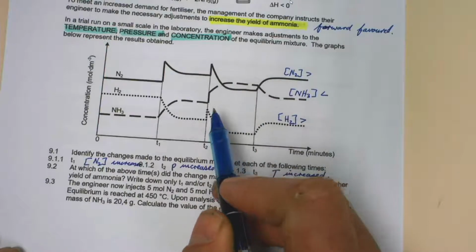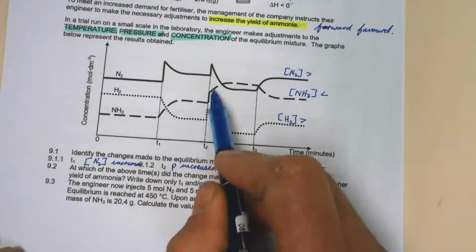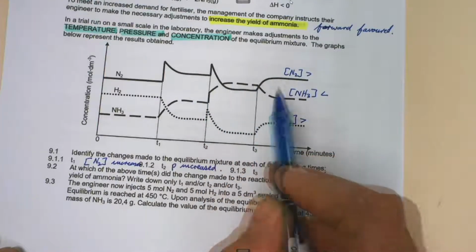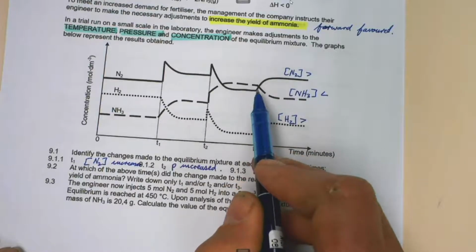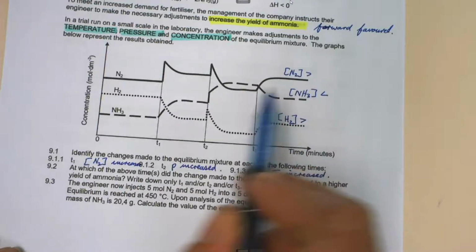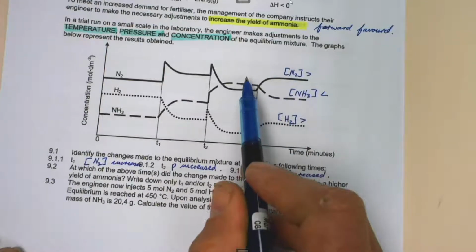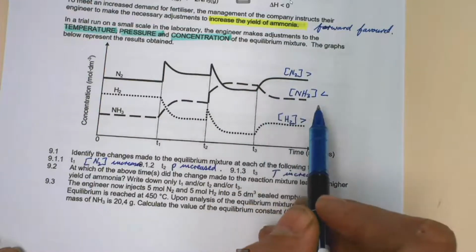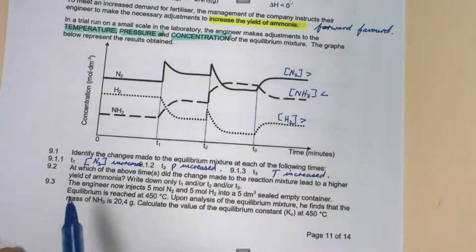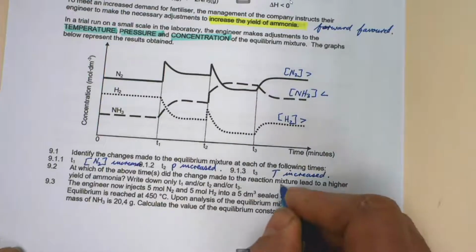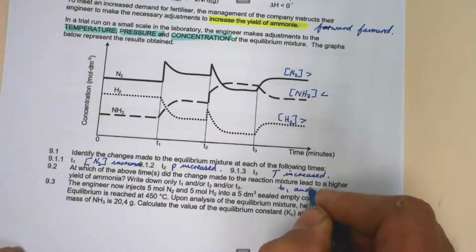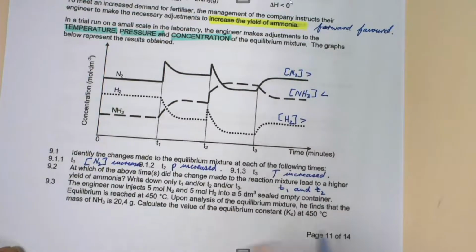At T2, the concentration of the ammonia further increased. But at T3, the concentration of the ammonia decreased because I can see the line is going lower. So where was the increase? At T1 and T2. All right?